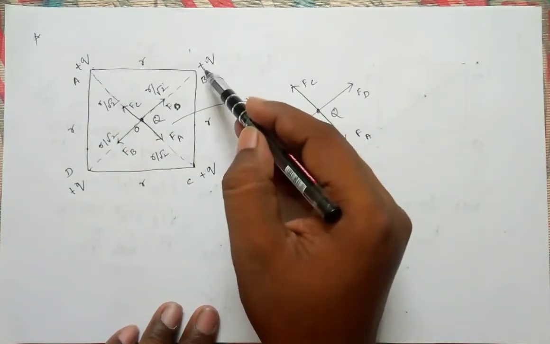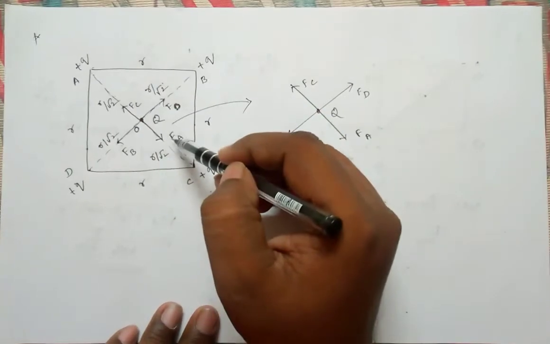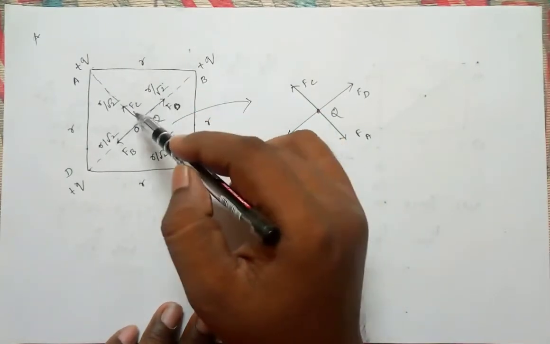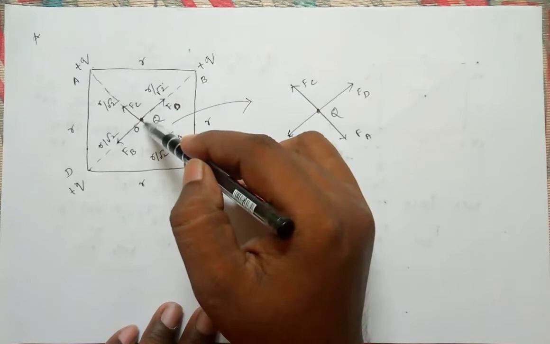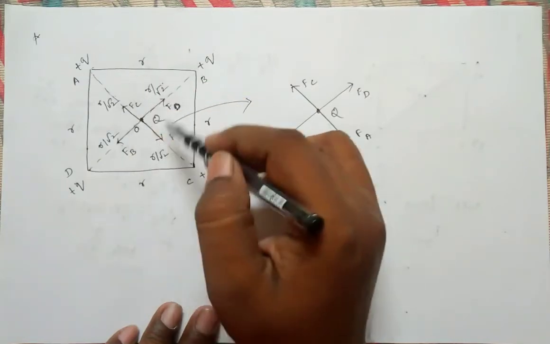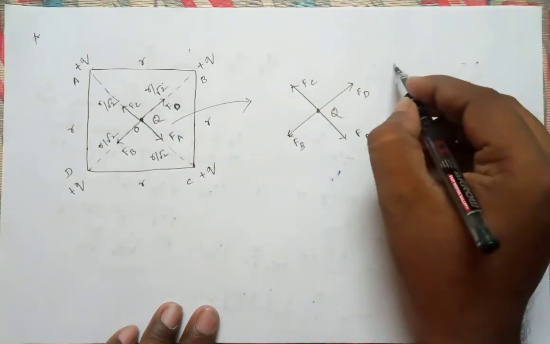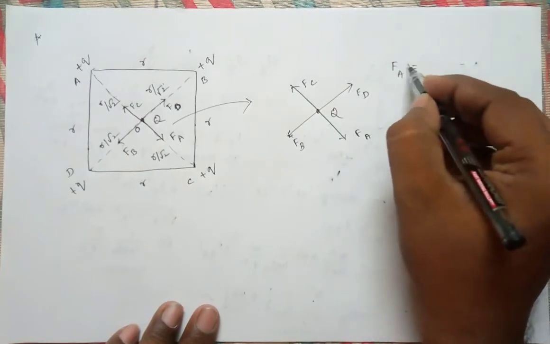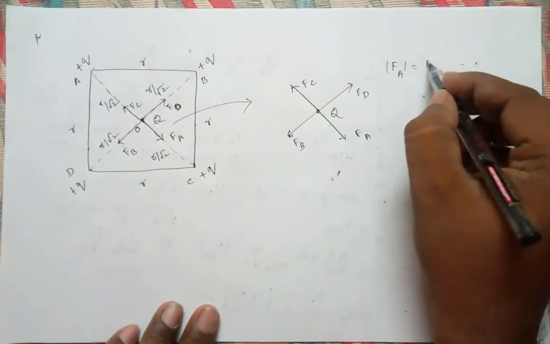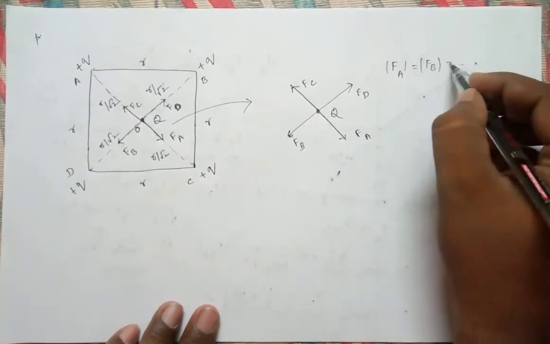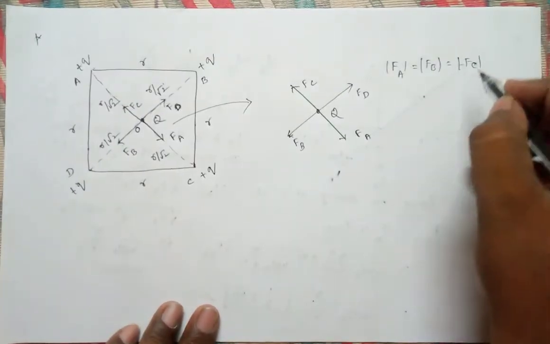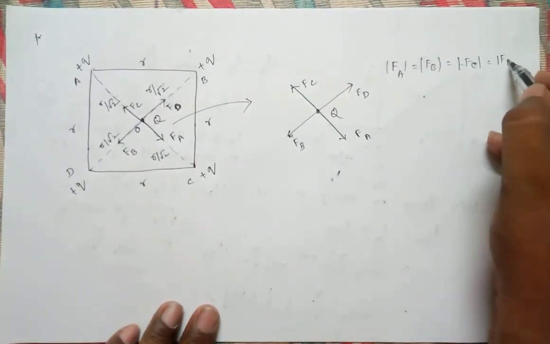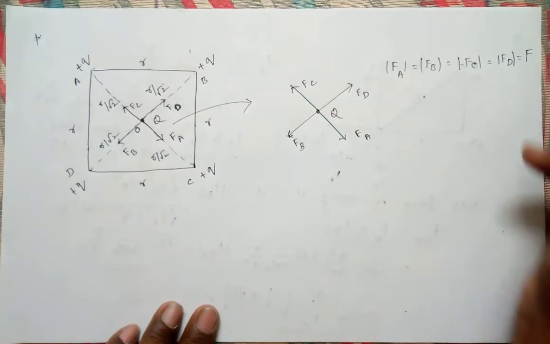Since the product of charges and the distance are the same for all these forces, the force remains the same. Therefore, magnitude-wise, FA, FB, FC and FD are equal, and I am taking that as F.